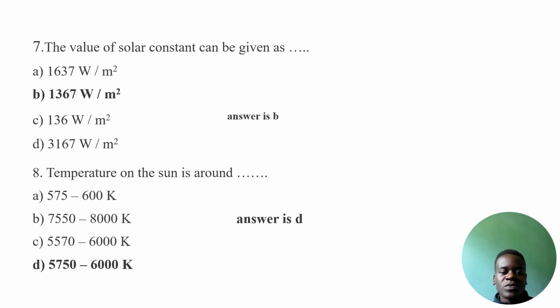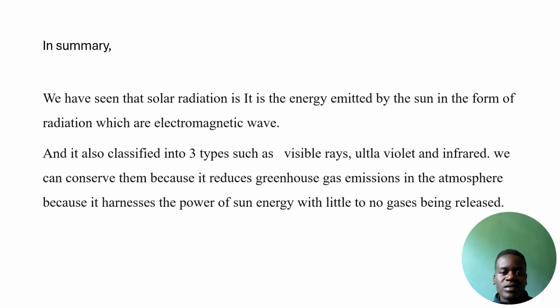Question number 7, you know that the value of the solar constant is given as 1,367 watts per meter squared. And the last question is that the temperature of the Sun is around 6,000 Kelvin.